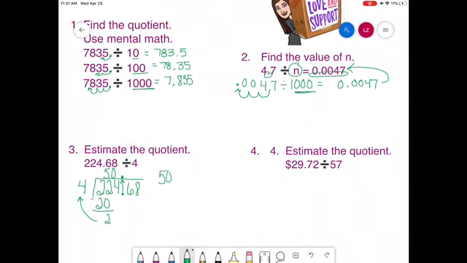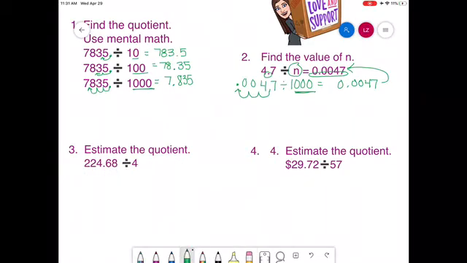So now let's try that same problem, but let's use compatible numbers. All right, so we have, again, 224 and 68/100 divided by 4.